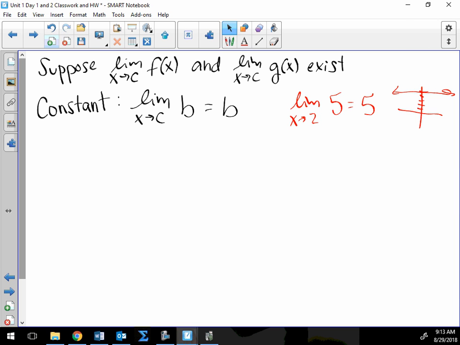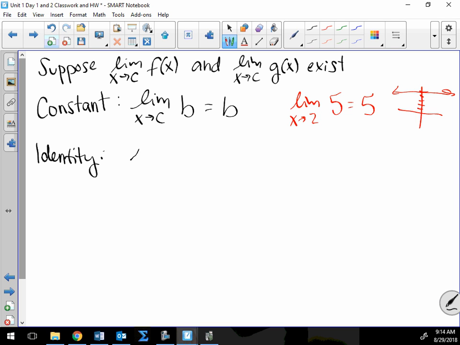Our next one, we have the identity property. The limit as x approaches c of x is c. So we're just dealing with the function y equals x.